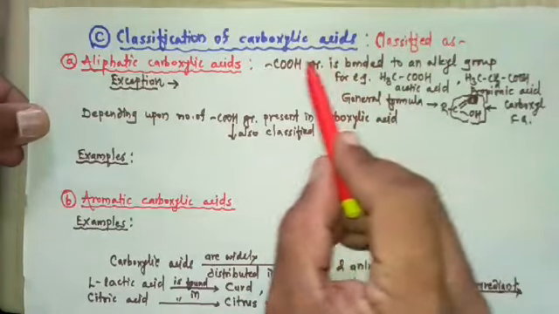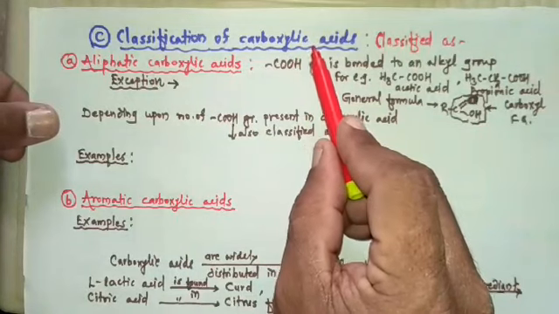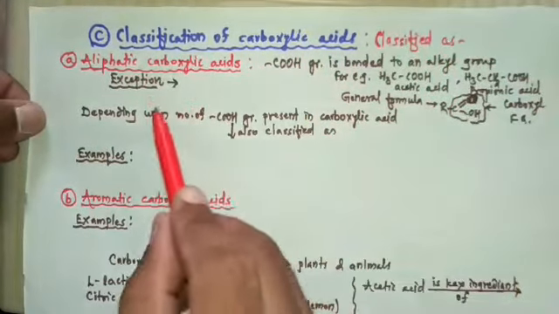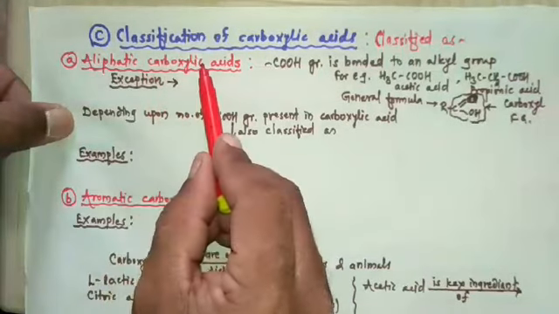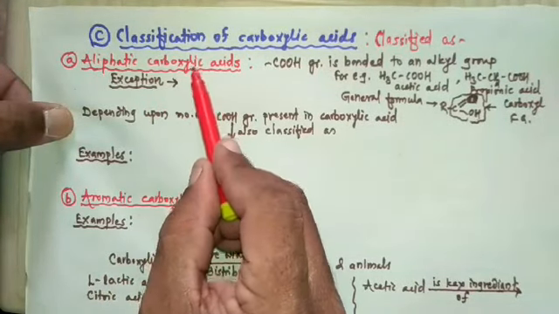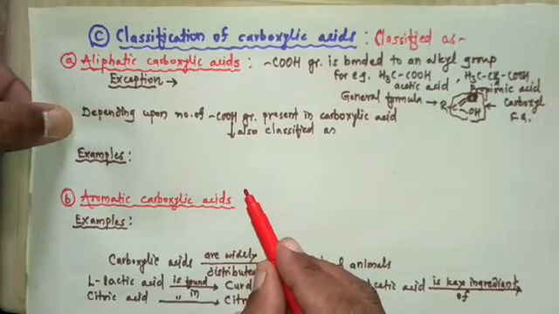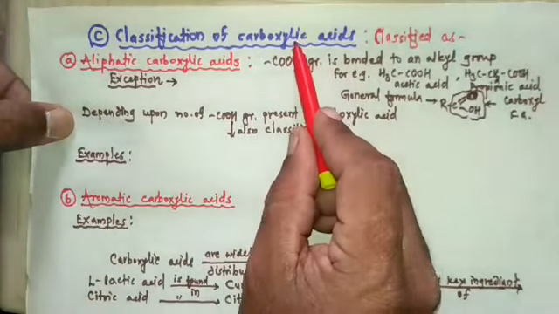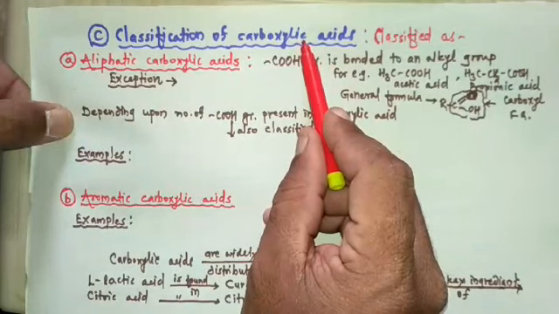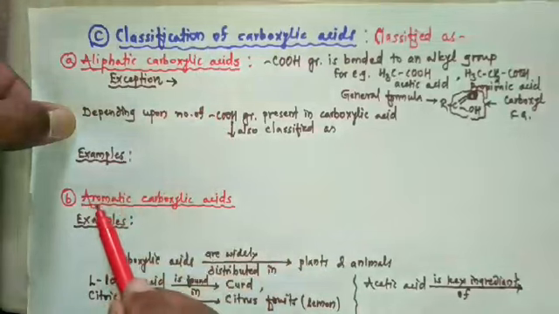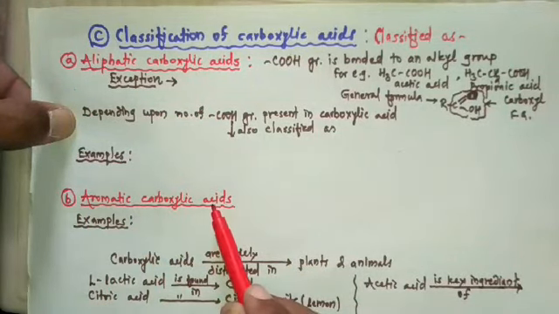So carboxylic acids are classified as aliphatic carboxylic acids and aromatic carboxylic acids. Remember that carboxylic acids can be classified into two classes. First one is the aliphatic carboxylic acid, and second one is the aromatic carboxylic acids.